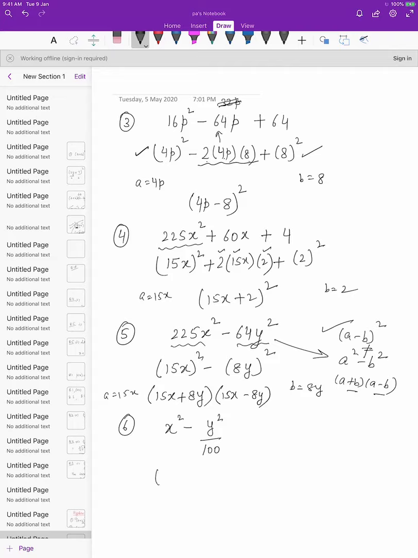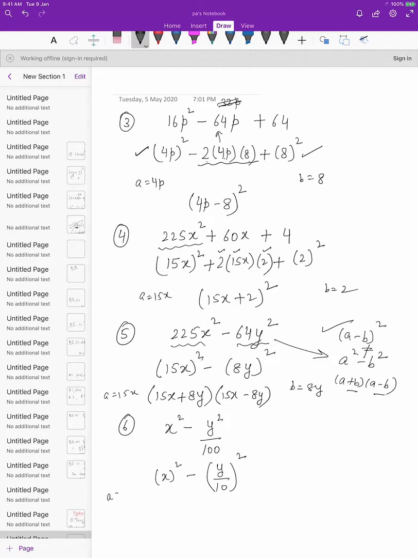In this case, first term is already in the perfect square form, x square will remain x square only. But here, y square upon 100, I need to take 100 also in the bracket. Okay, so it will become y upon 10 and then whole square. So that when I open it out, it will become y upon 10 into y upon 10, which will give me y square upon 100.